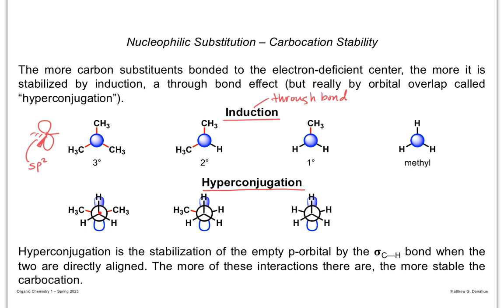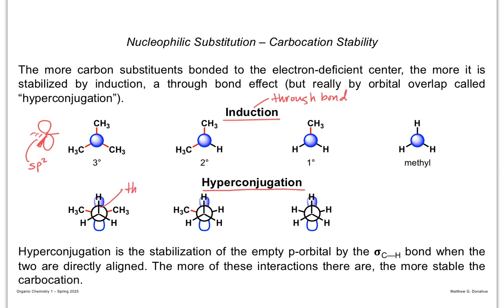We know that sigma bonds can rotate. So if we have a CH bond that's directly aligned with either lobe of the p orbital, the electron density in that CH bond can stabilize the empty p orbital through space. So up here I said through bond.